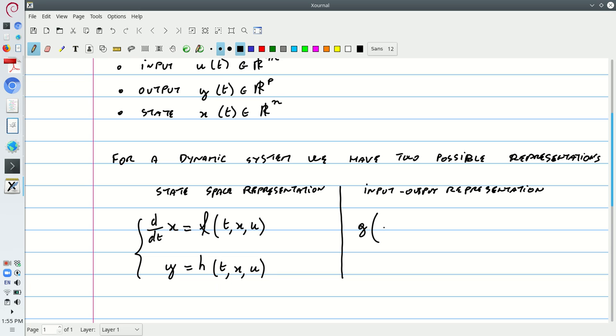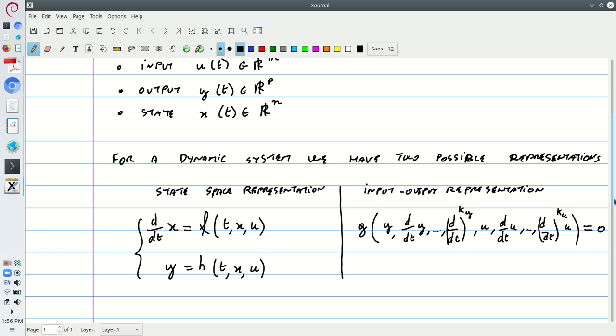We have g of y, and then the first derivative of y, and so on, up to a certain number K_y of derivatives of y, and then we have u, and the derivative with respect to time of u, and potentially up to K_u derivatives of u, equal to 0.